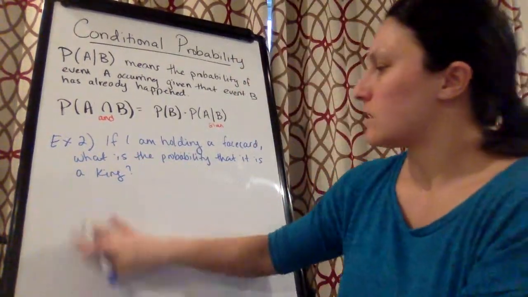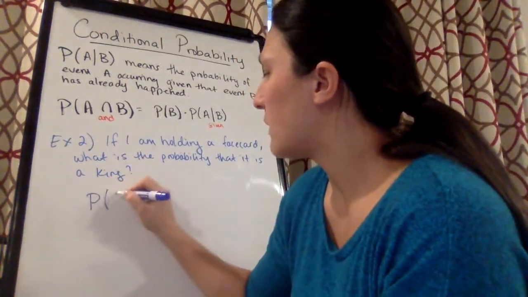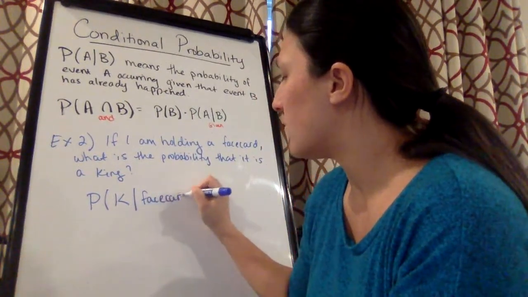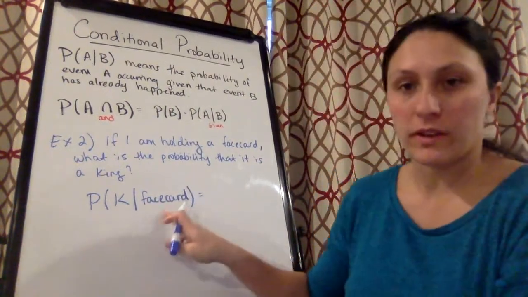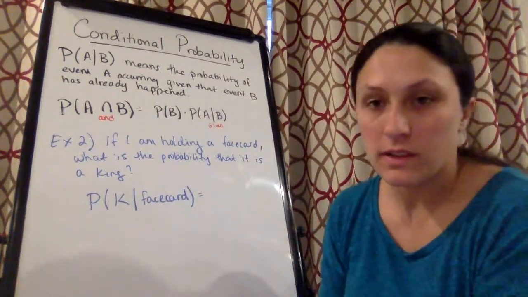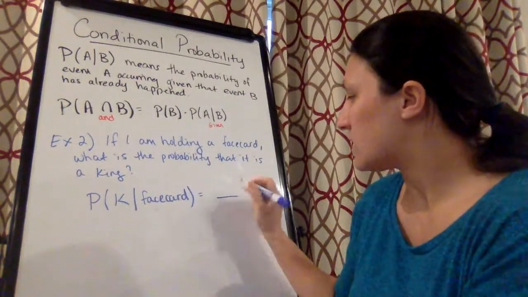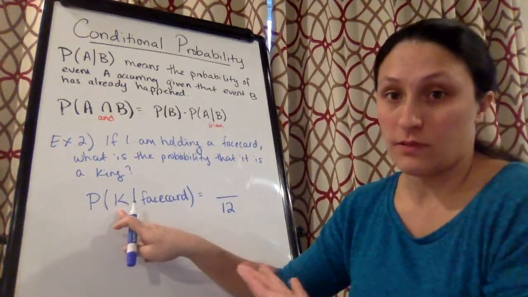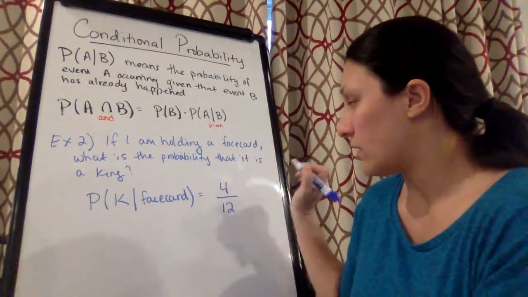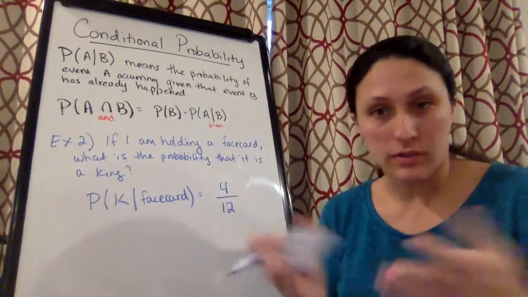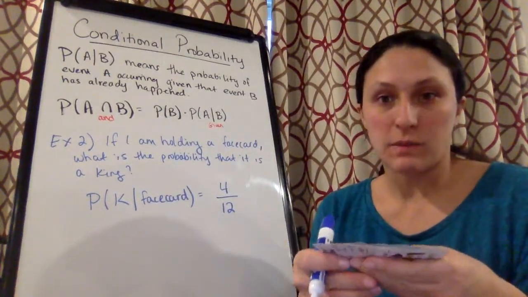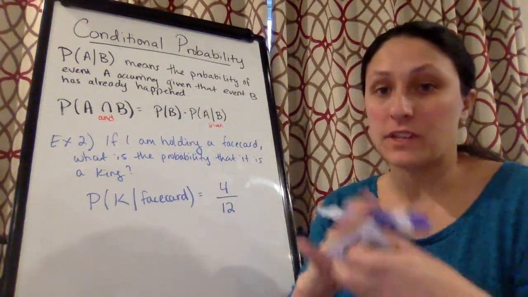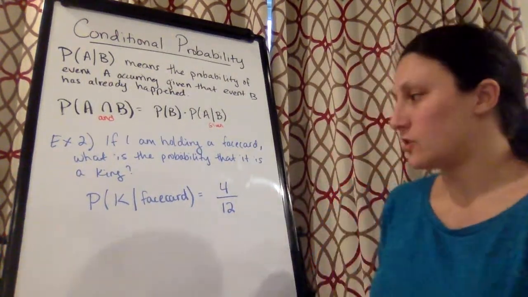In other words, this means what's the probability of me holding a king given that I'm holding a face card. This is what we know. We know I'm holding a face card, so what's the probability that it's a king? Because we know it's a face card, the denominator is 12. And because we're asking what's the probability that it's a king, the answer would be 4. So 4 out of 12, which is a 33% chance, which makes sense because there are 3 different cards in here, so each one has 1/3 chance of getting drawn.